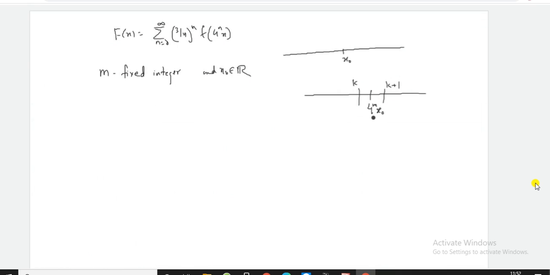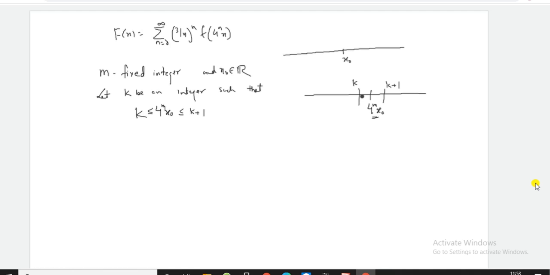And now let us call the just preceding and succeeding integers k and k plus 1. So let k be an integer such that 4 to the power m x0 is less than or equal to k plus 1 and greater than or equal to k.